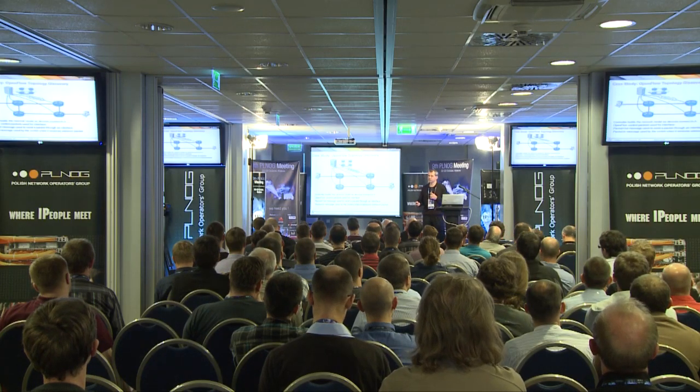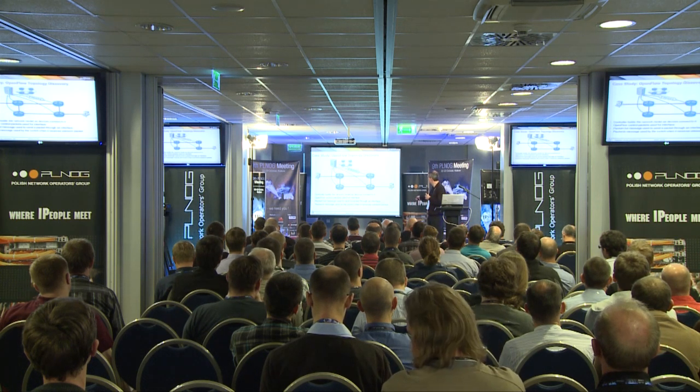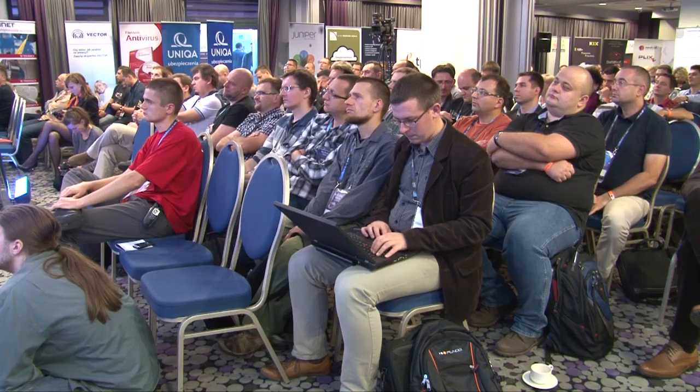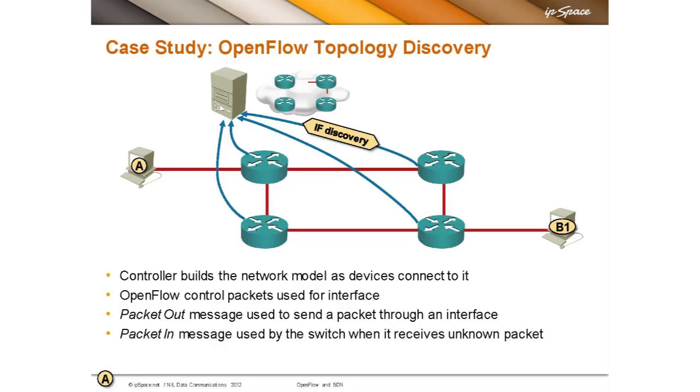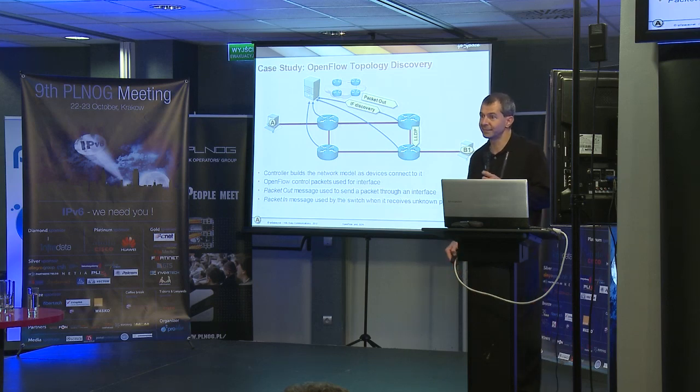So now what the controller can do is there is a mechanism to send a message through a port on a device. It's called a packet out message. So the controller sends a packet out message, which is actually LLDP. Then this LLDP will be received by someone else, and this someone else would not know what to do with it.